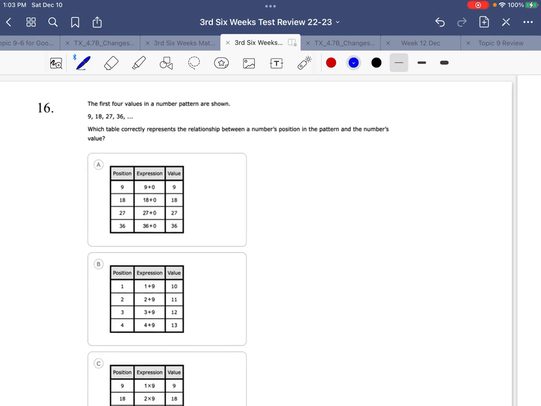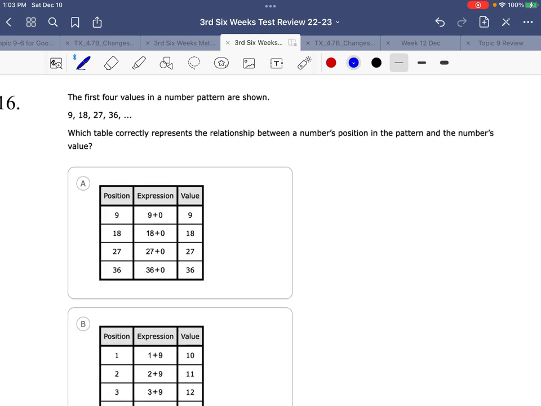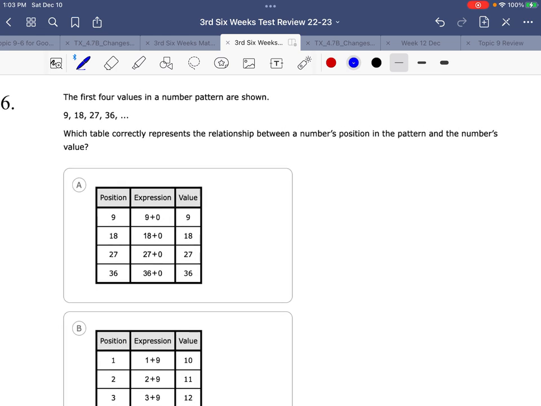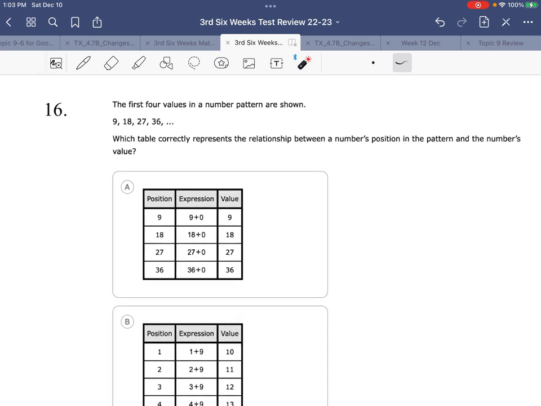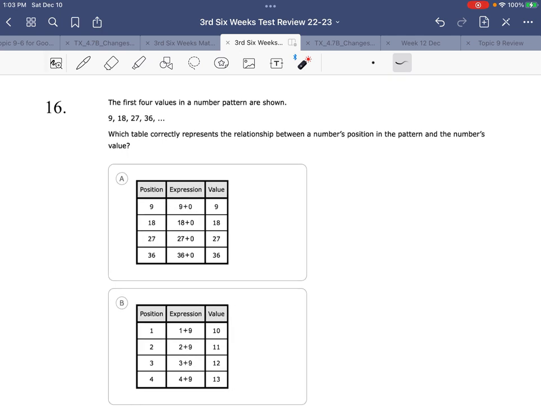16 says the first four values in a number pattern are shown. 9, 18, 27, 36. Which table correctly represents the relationship between a number's position in the pattern and the number's value? So I'm going to do my cubes, circle my important numbers, which are all of these.